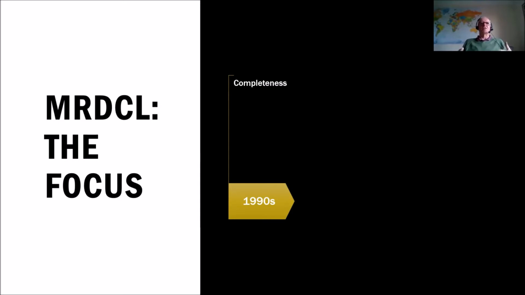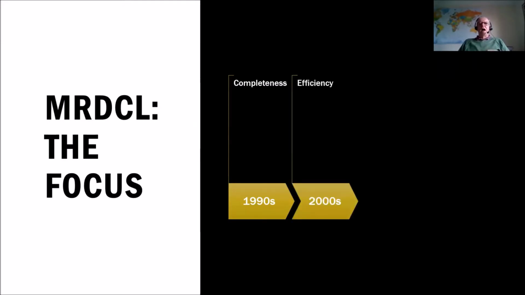There were other products that could do some tables you wanted, but not nearly every table you might ever dream of. That moved on into the 2000s, and perhaps the latter part of the 1990s, into what I would call efficiency. Scripting languages started getting tools to do loops and handle more complex data structures, and we started getting into the era of efficiency.